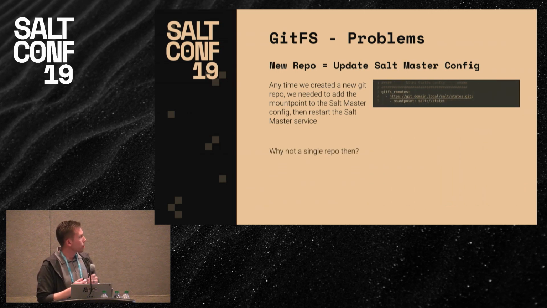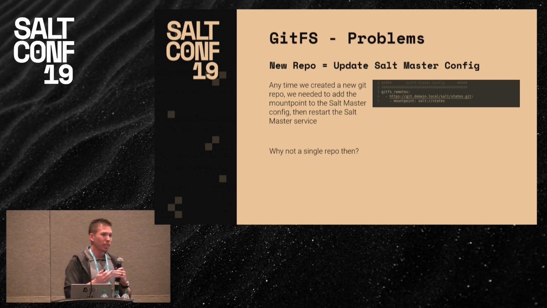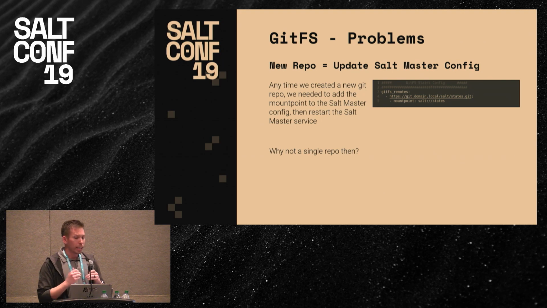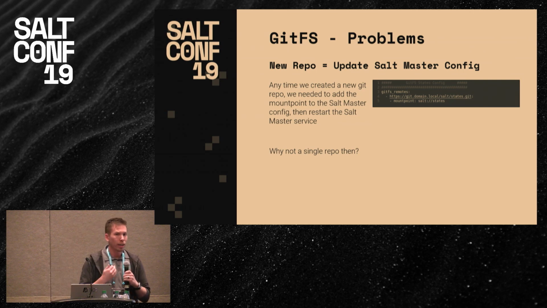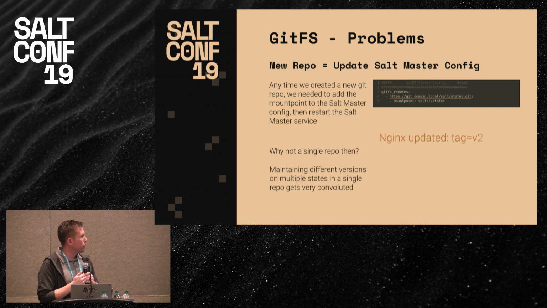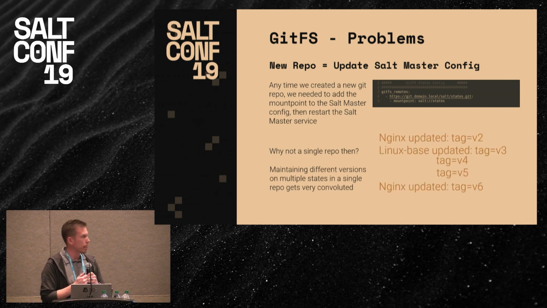So the one question that came to mind was, why don't we just put everything into a single repo? We thought about doing that, but then we had a bigger problem with maintaining version control. If you're just utilizing branches, this may not be a huge deal because you could have a dev, QA, RC, and prod branch. But we wanted to be able to use version tags to maintain a version on our salt states.